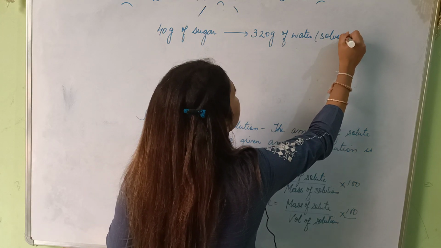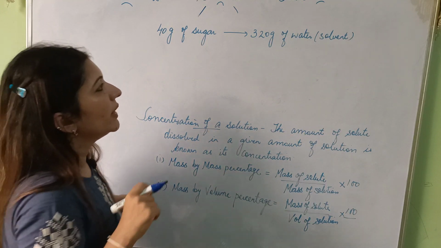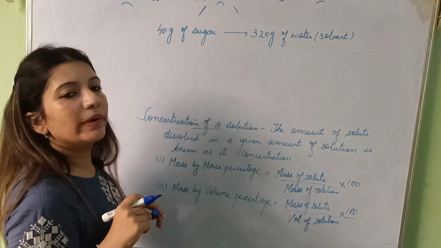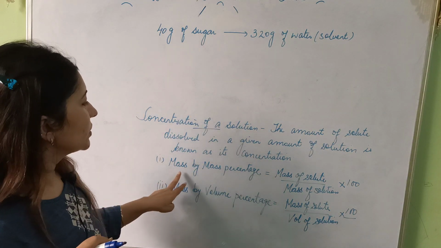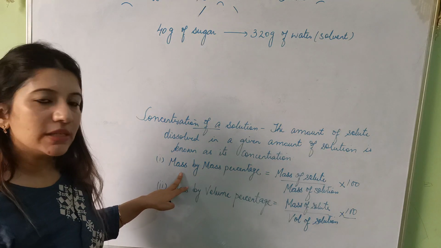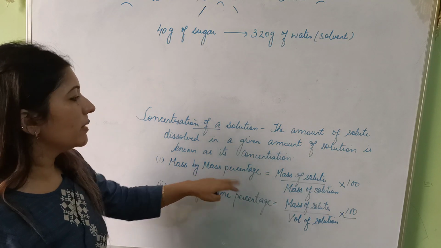This is solvent basically. 40 gram of sugar is dissolved in 320 gram of solvent or water. Calculate the concentration or express the concentration in terms of mass by mass percentage.